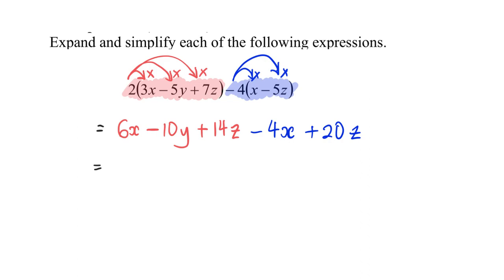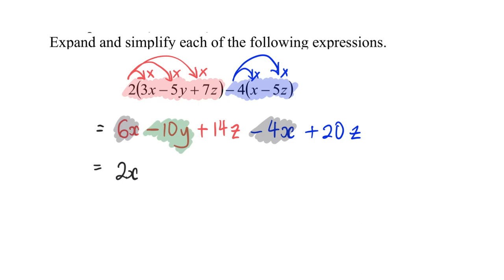And let's continue to simplify the like terms. 6x minus 4x, that will give me positive 2x. Negative 10y. Any more terms with variable y?